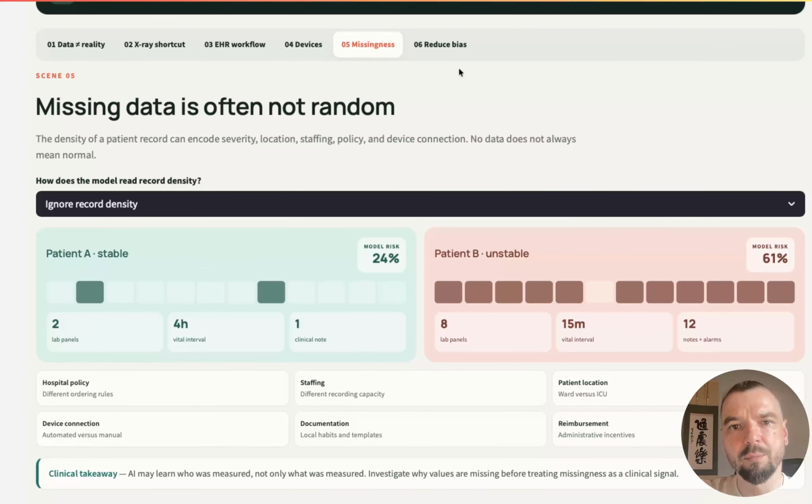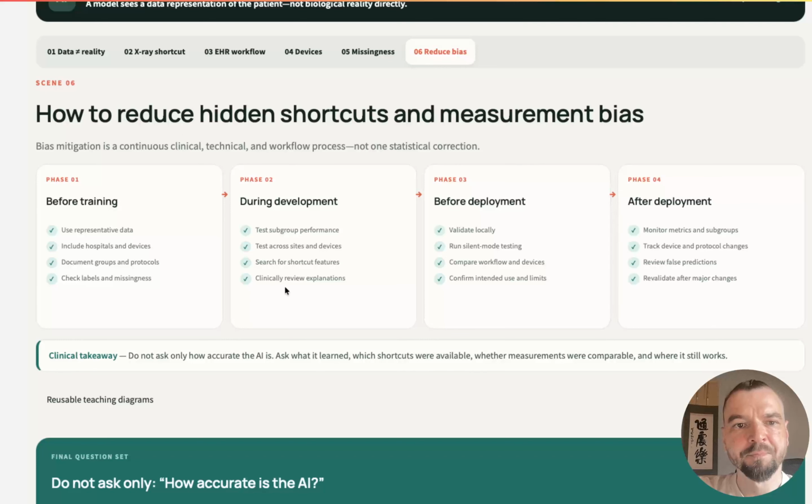So how does mitigation happen? We should take different hospitals, different workflows. We should not put into the model a lot of things that are relevant only to a specific workflow. At least we should do it consciously, so we understand why we do this.